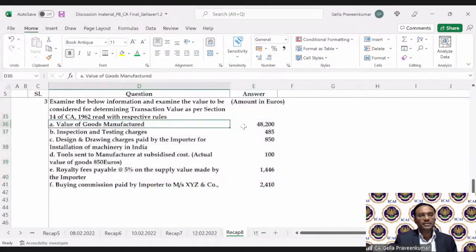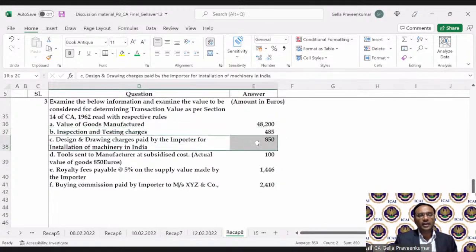So first, to start with, value of goods manufactured 48,200. Inspection testing charges 485. Design and drawing charges paid by the importer for installation of machinery in India. So this particular importer has incurred some design and drawing charges of 850 euros.